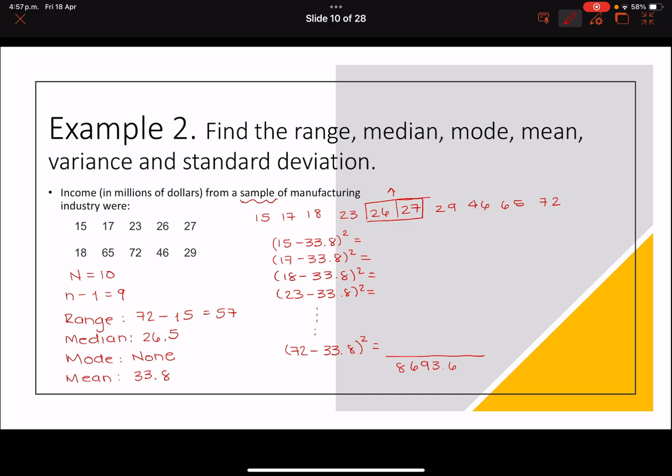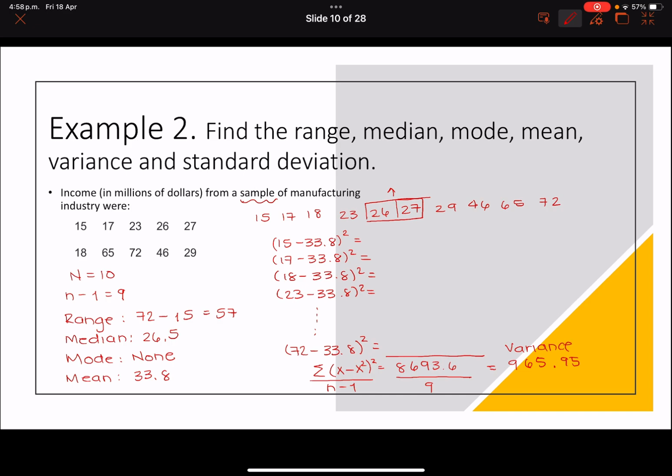Because I have a sample, this is going to be over 9. This is the summation of x minus x bar squared over n minus 1, which gives me a variance of 965.95.